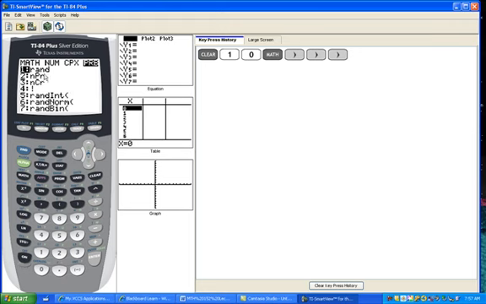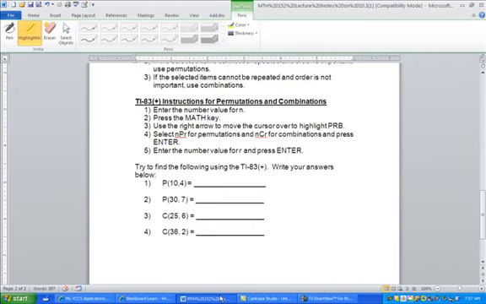Okay, and I want permutations. That's number 2. So I'm going to go down here and click on 2. Taken 4 at a time. And I enter. And we get 5,040. Oops, let me get the pen. 5,040.